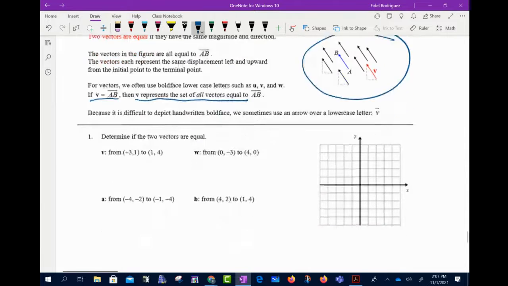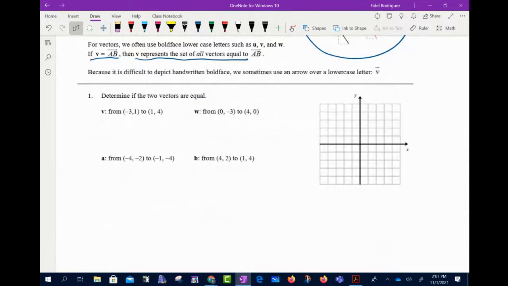All right, so we're going to figure this out. It says determine if the two vectors are equal. So when they're saying that, y'all, this is what we're looking at. These two vectors right here. So we're going to go from the point (-3, 1) to the point (1, 4). So here's my XY axis, right? If I want to find the point (-3, 1), that's going to be 1, 2, 3 to the left and 1 up.